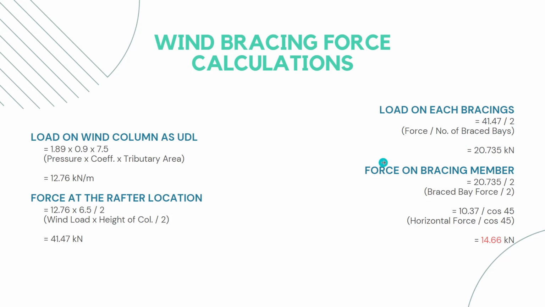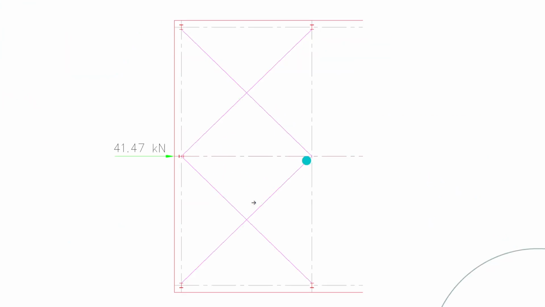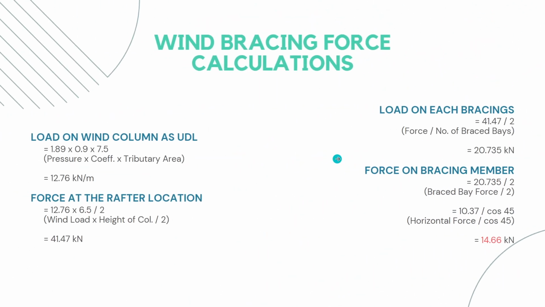And then this 20.735 kN is resisted by these 2 bracing rods, right? So this 20.735 in turn is divided by 2. So our brace rod force would be 10.37 kN.